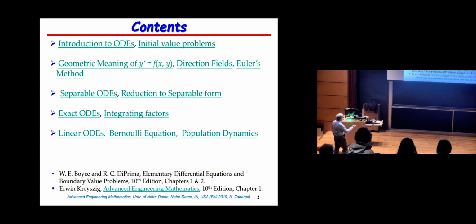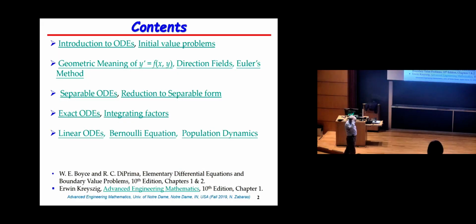Okay, and the second reference book I'm going to use is this book on advanced engineering mathematics that actually contains much more information than ODEs. So if you're going to take the second math course on PDEs, this is a very good book to have as a reference.